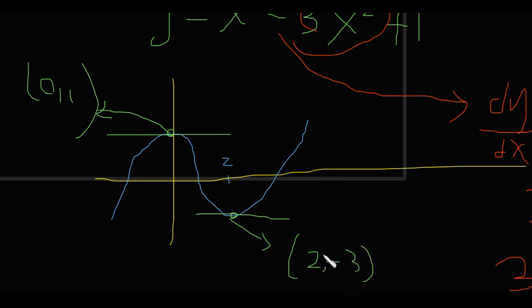And this is how we find the maxima and minima of equations which give us a graph like an upward and downward curve, which are usually the cubic curves. So that's how we find stationary points, the minima and the maxima.